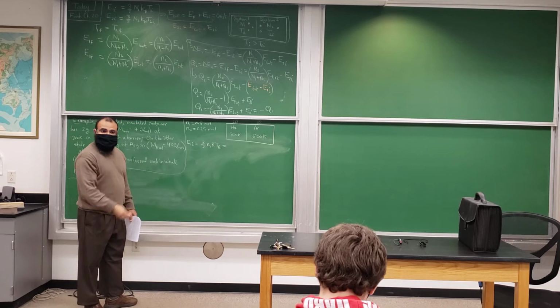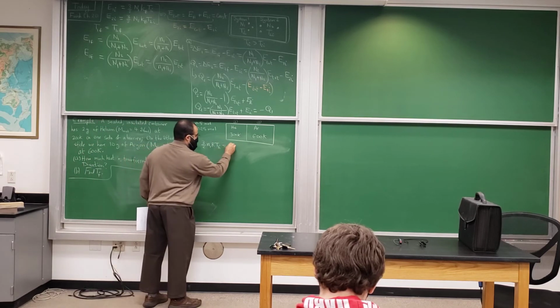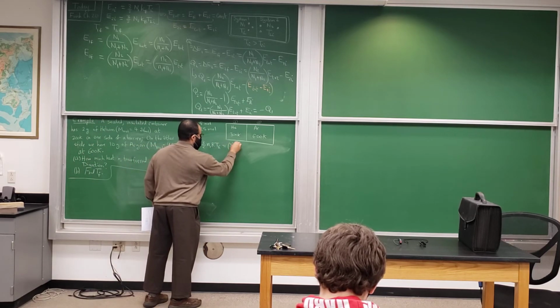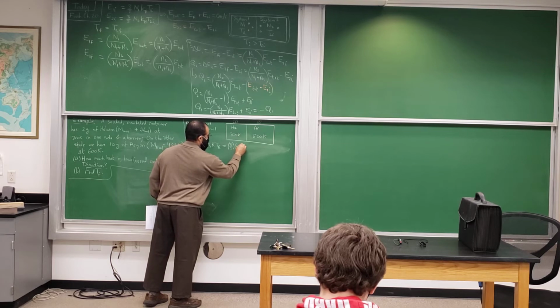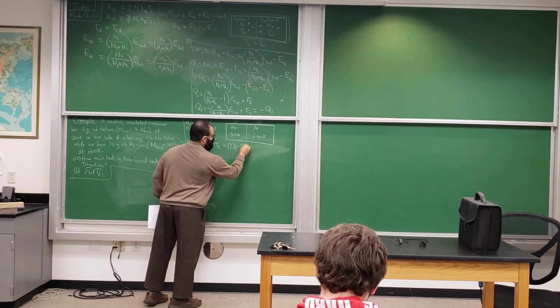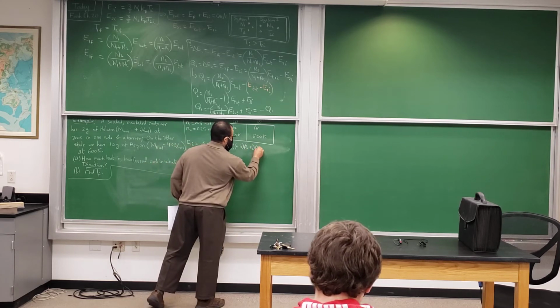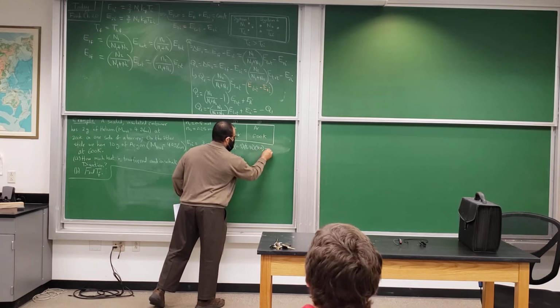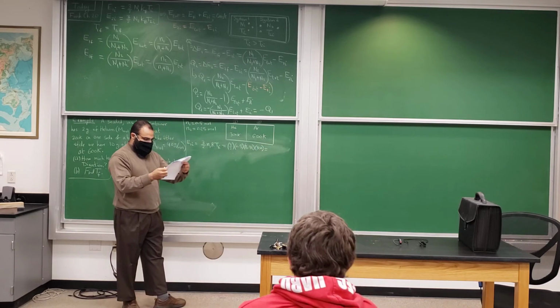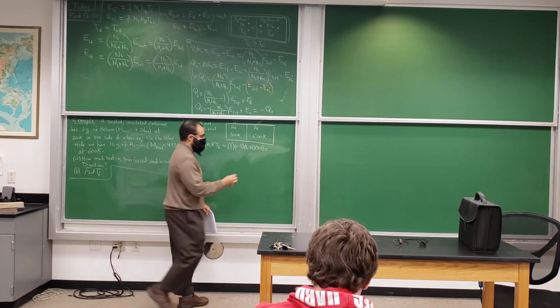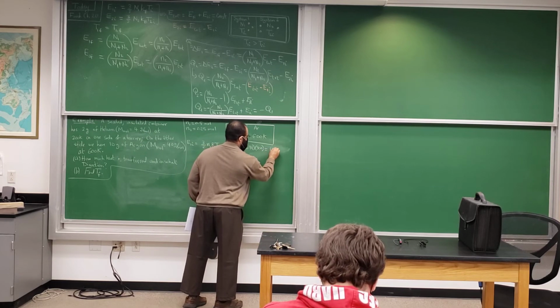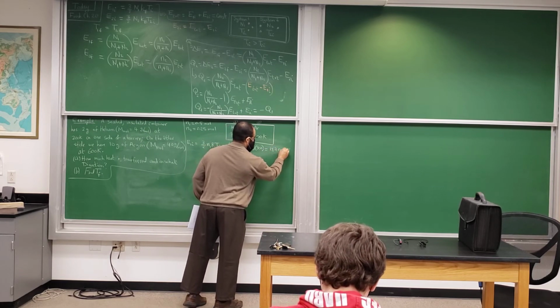So let's plug in the numbers. We have 3/2 times 0.5. You remember what R was? 8.31, and then the temperature is 300. I will read the number for the sake of time: 1,870 joules.